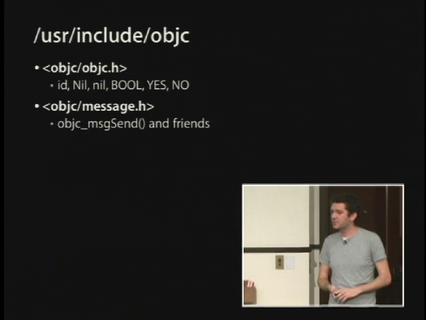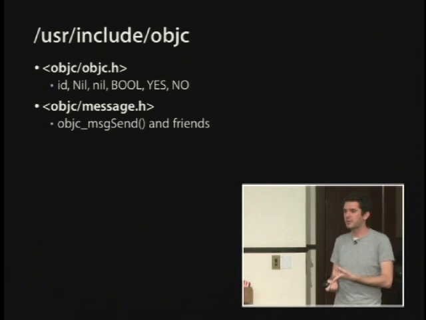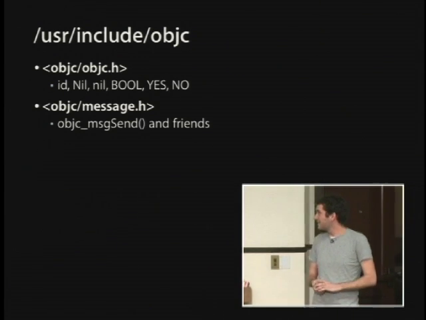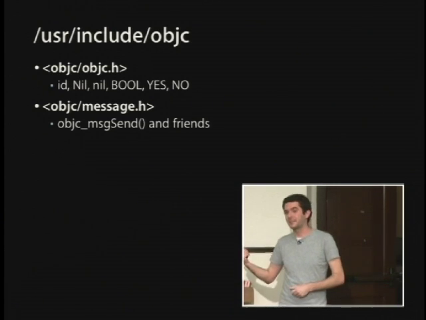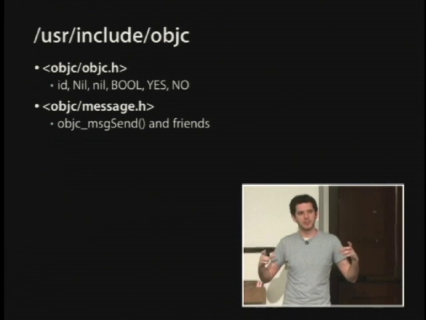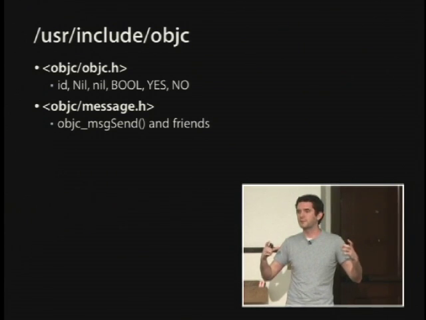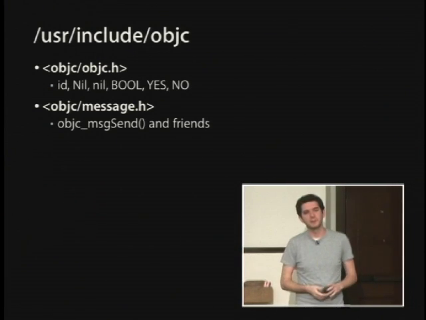objc/message.h defines a bunch of the low-level methods that are used for message sending. You may not have seen this yet, although you may have if you've been writing any code that's crashed anytime this semester. objc_msgSend has probably shown up in a backtrace if you've sent a message to an object that you've already deallocated. When you write a square bracket and a message send syntax in your Objective-C source file, what the compiler ends up turning that into is a call to the objc_msgSend function.